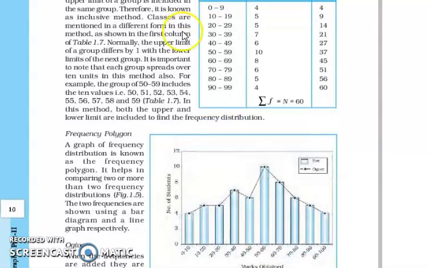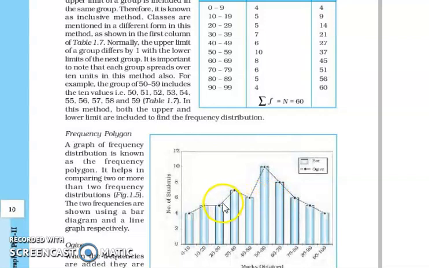So if I plot these frequencies in a graphical representation, it is called the frequency polygon. So what is the meaning of the frequency polygon? Here we are going to show the different groups and the frequencies. So a frequency polygon is a graph of the frequency distribution only.